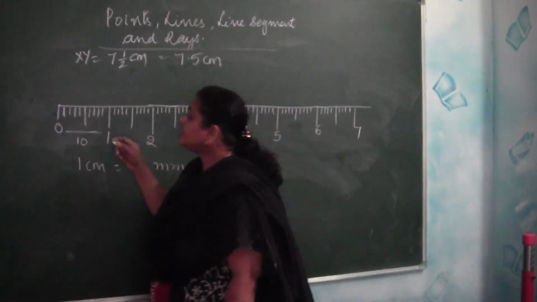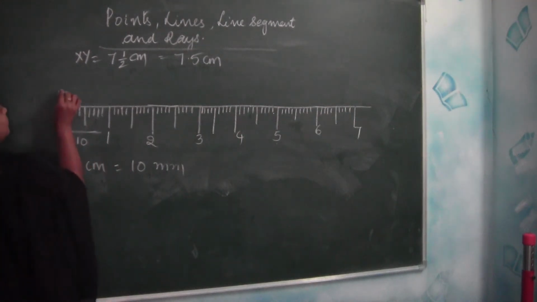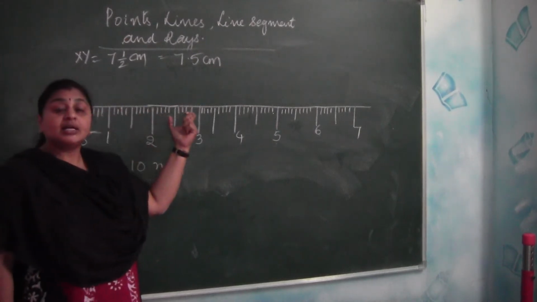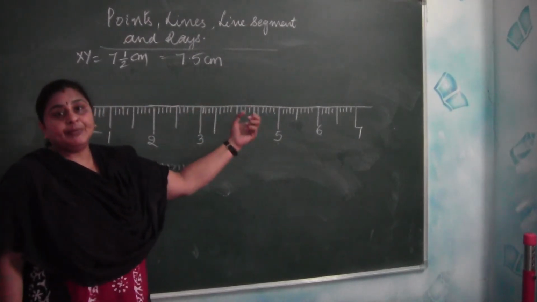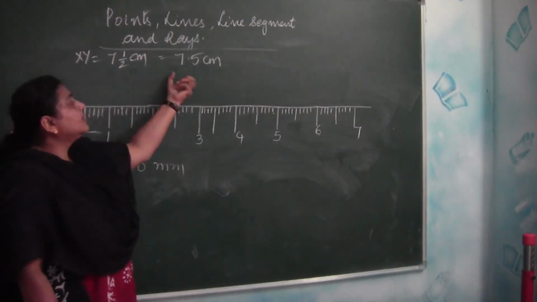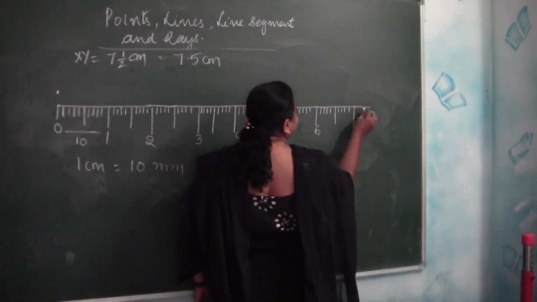Got it? Now first near the 0, once you place the scale in your notebook, first what are we going to do? We are going to mark the starting and ending point. The starting point will be always 0. What will be the ending point? The given measurement, 7.5. So 7 is here.